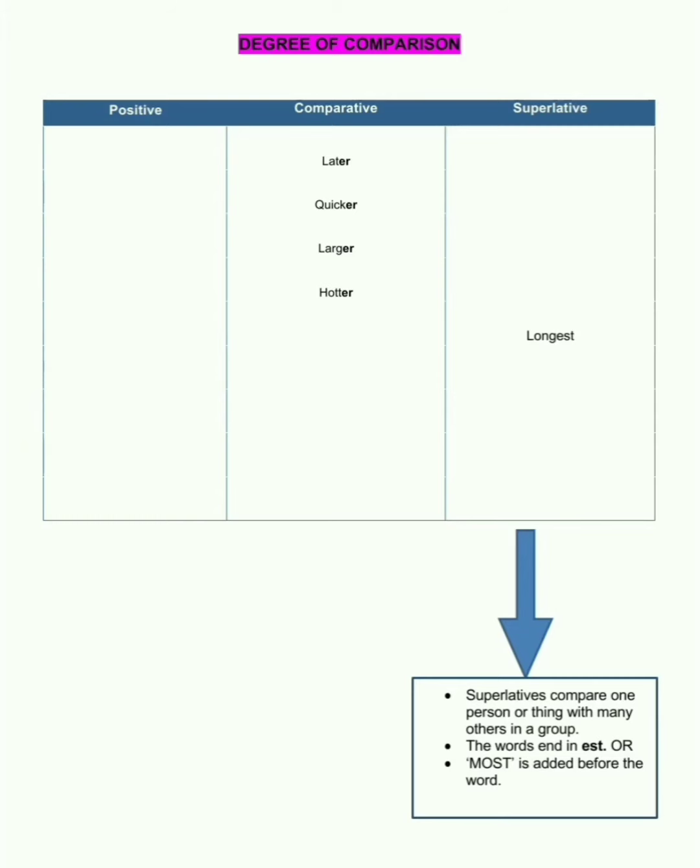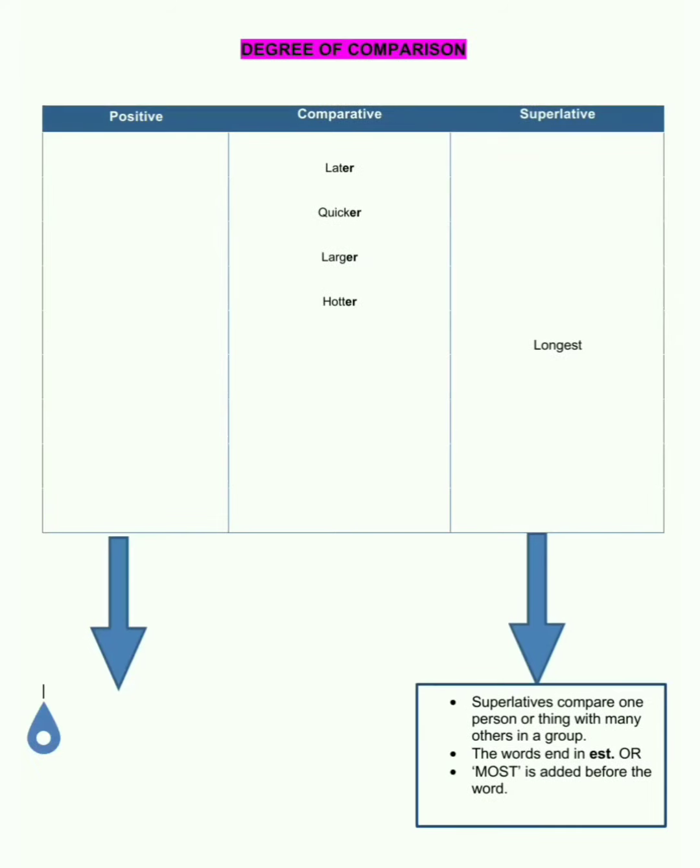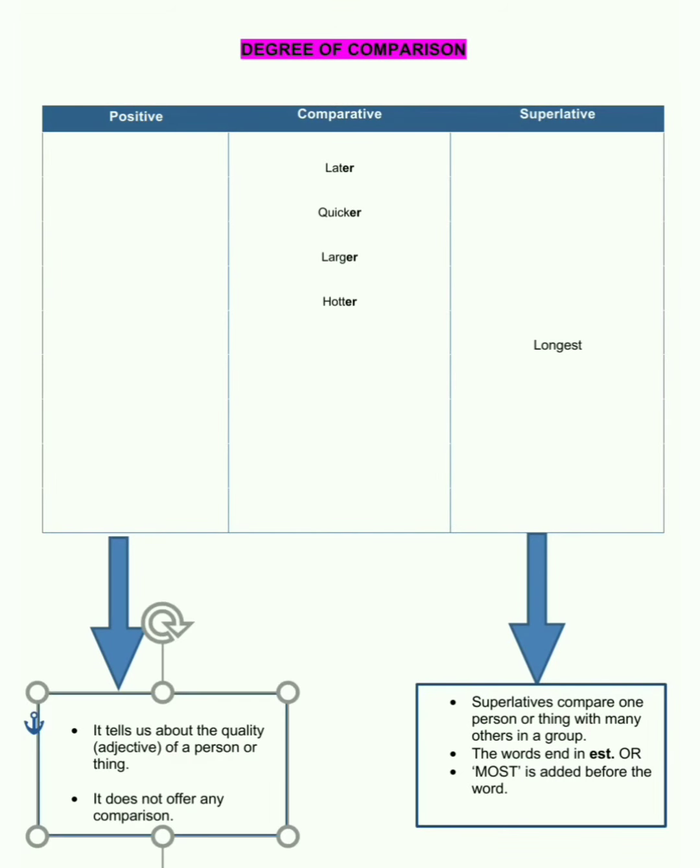Other than the superlative degree, we had also looked at the comparative degree. Now the third and the simplest degree to understand and use is the positive degree of comparison that we are left with. Okay. Now the positive degree of comparison tells us about the quality or the adjective that we can give or denote to a person or thing.